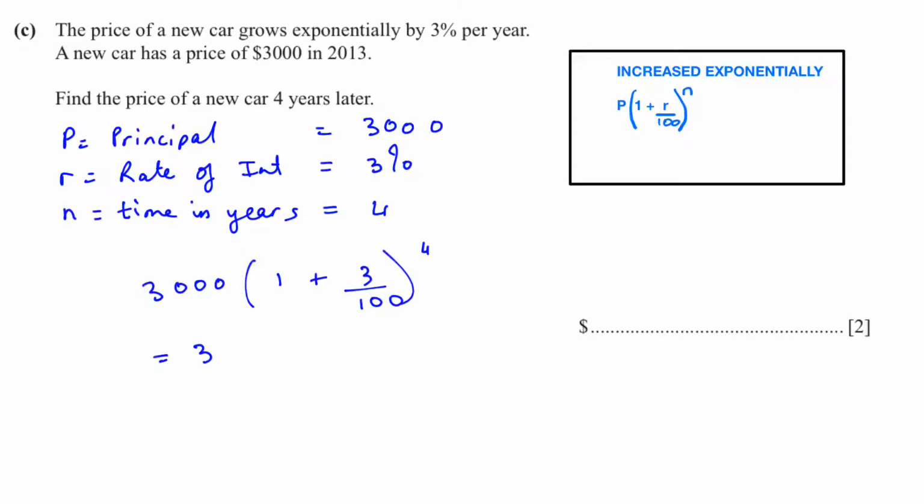You will get 3,376.5. We can round it to $3,377. Also remember that if your price decreases exponentially, we'll use the same formula, but instead of plus, we'll put a minus here.